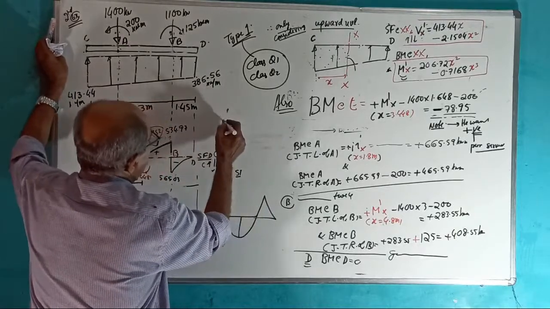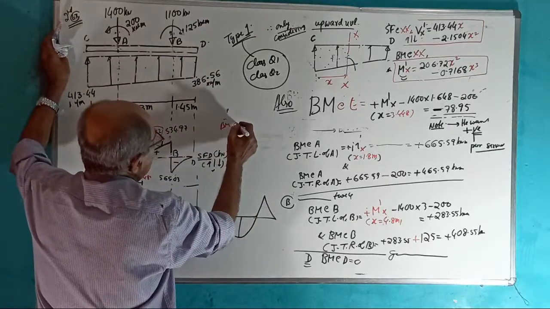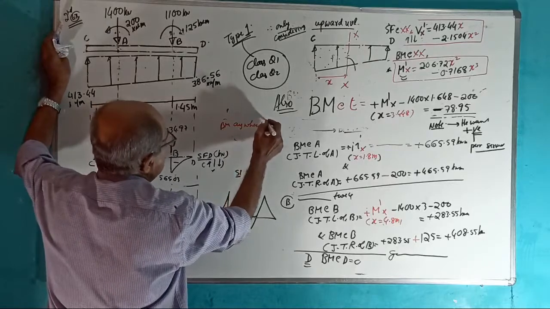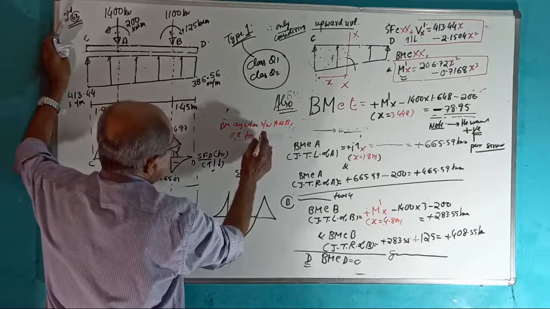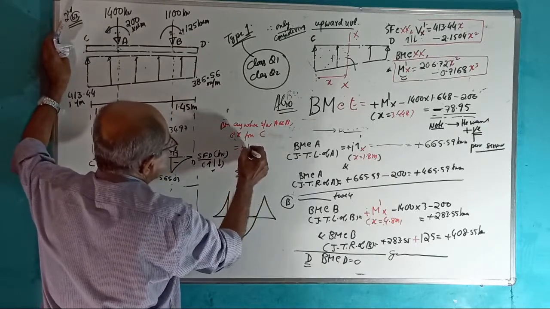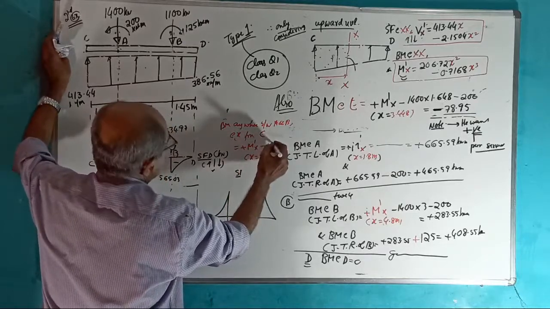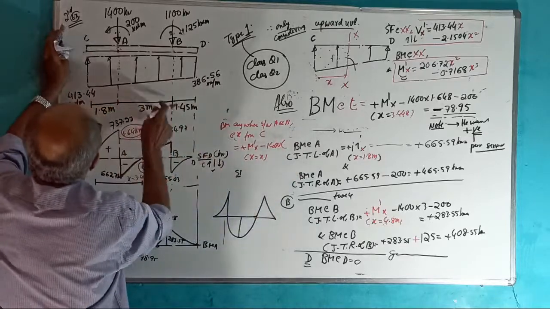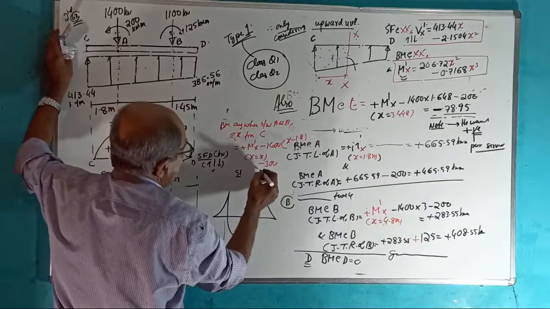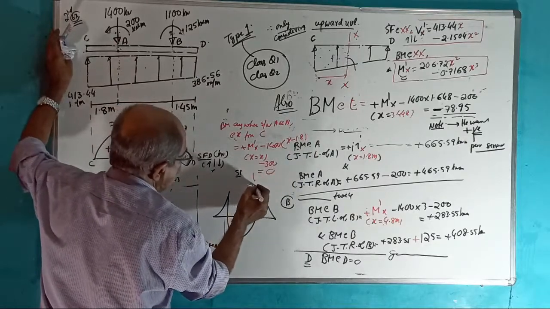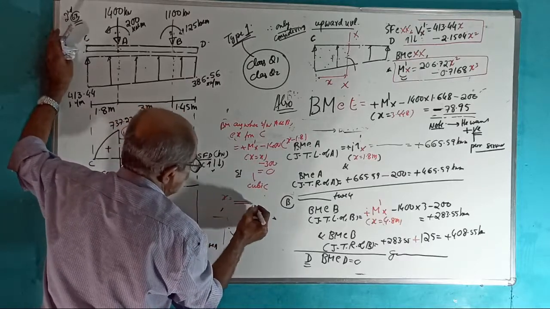BM anywhere between A and B at x from A, x from C, equal to plus M dash x for x, minus 1400 into (x minus 1.8), also minus 300 equal to 0. This will be a cubic equation.